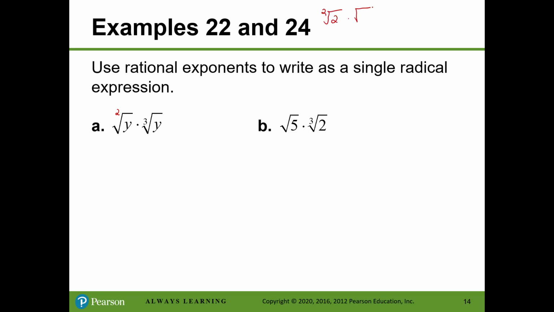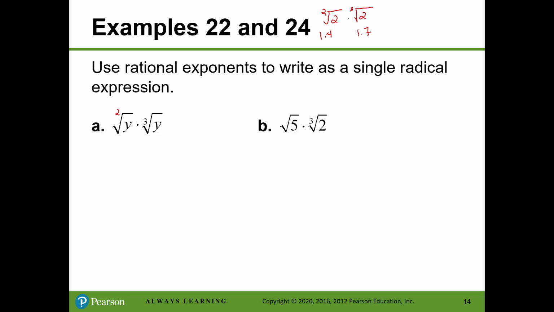If I take the square root of 2 and multiply it by the cubed root of 2, is the square root of 2 the same exact value as the cubed root of 2? And if you're not sure, go to your calculator. This is about 1.4. This is about 1.7, I believe. And I could be wrong on that. And some of you, I think, are going to double check me.